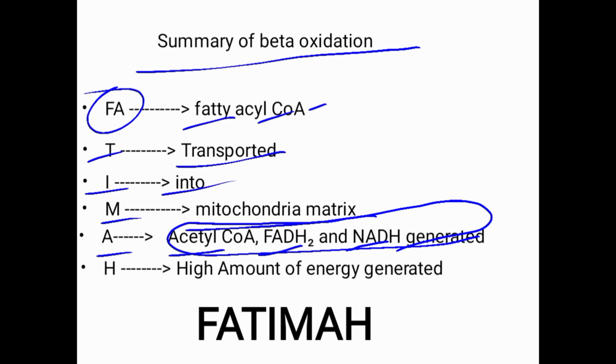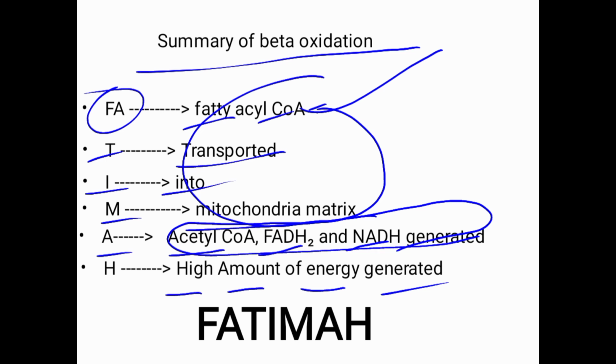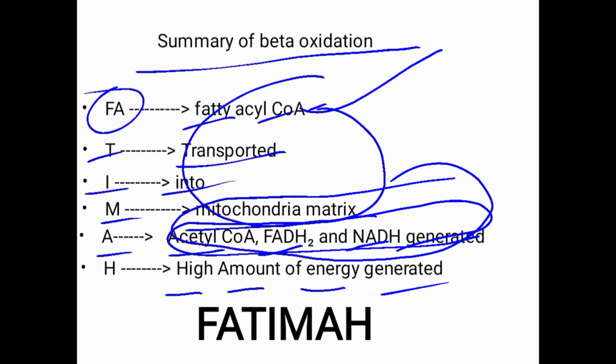All these were generated, then a high amount of energy generated. So remember, we brought the fatty acyl CoA into the mitochondria, then after beta oxidation, we generated all this, plenty of energy.